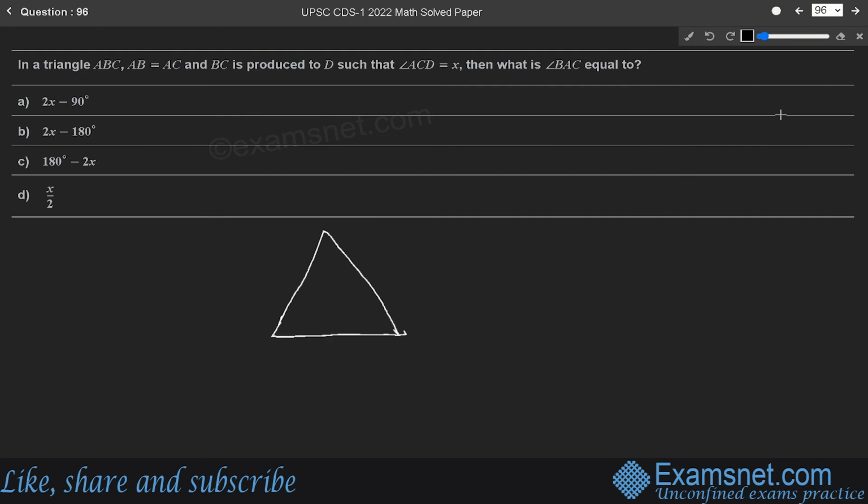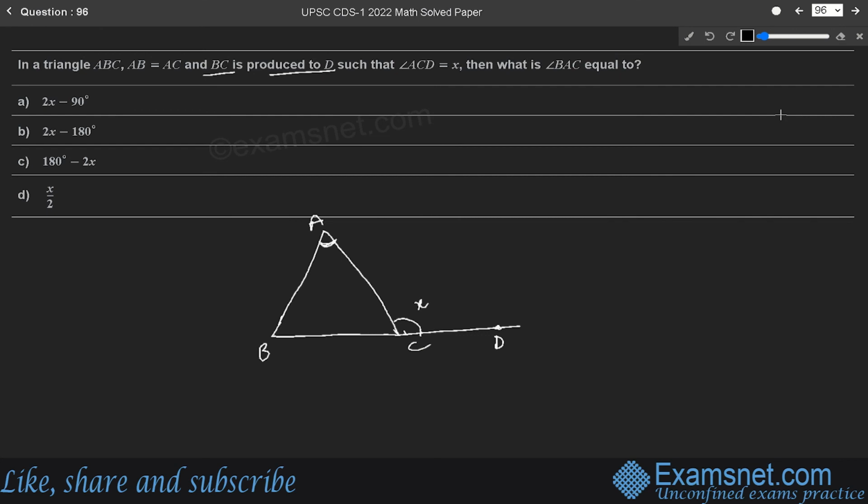According to the question, BC is produced to a point D. Let this be the point D, such that angle ACD is equal to X. This is the angle which is X. Then what is angle BAC equal to? We have to find this particular angle.